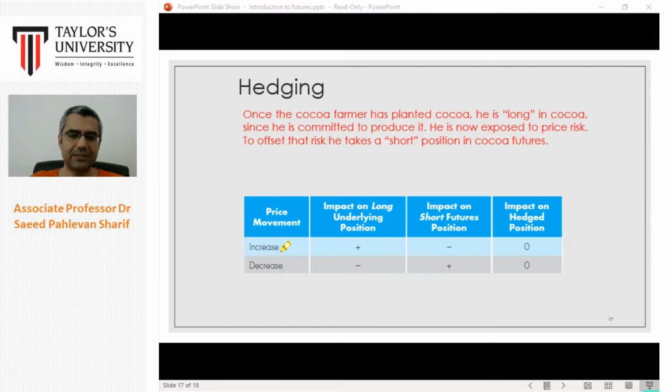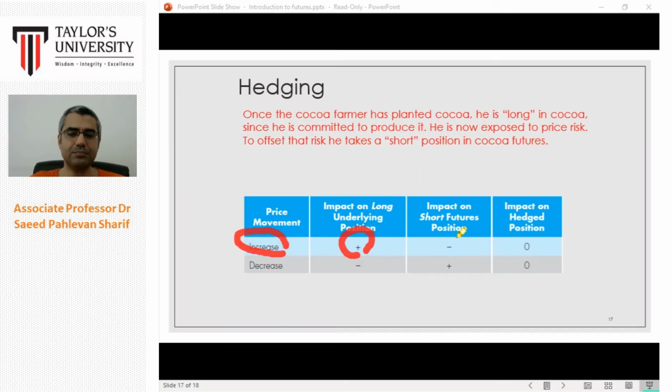Assume that 6 months later the price of cocoa increases. This means that the value of the asset will increase, because the cocoa farmer is producing cocoa. In 6 months, he will have cocoa, so the value of his cocoa in his warehouse will increase.